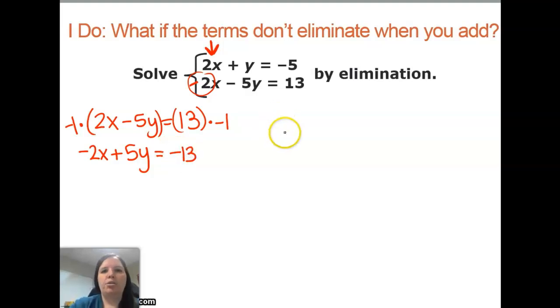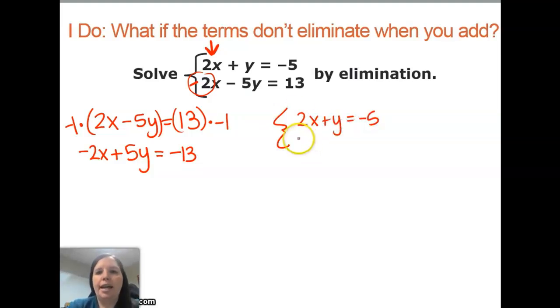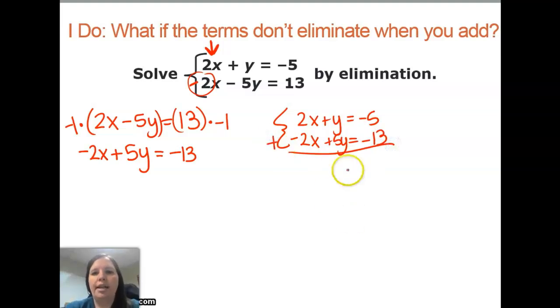So now if I look at my two equations, my system here, I have 2x plus y equals negative 5, and I have negative 2x plus 5y equals negative 13. Now when I add the two equations together, my x's cancel, and I'm left with 6y equals negative 18, and one of my variables eliminated, leaving me the ability to solve for y.